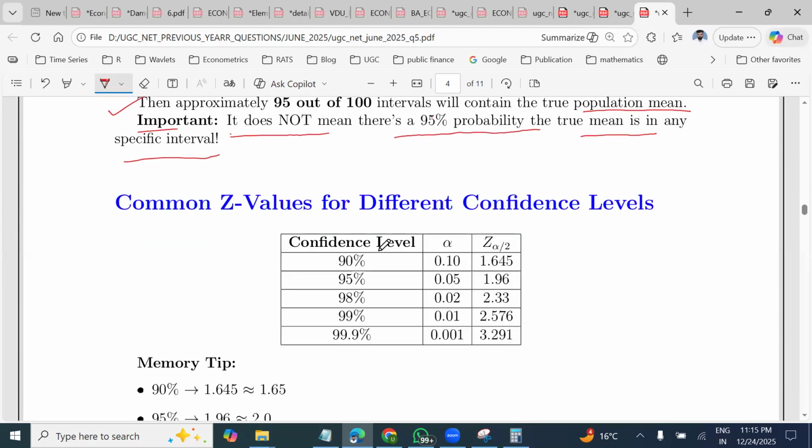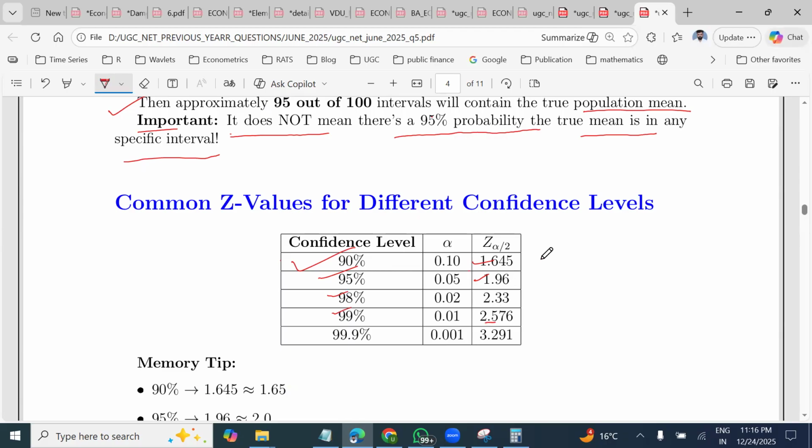Now, as you asked, what are the common Z values, right, Sangeeta? For 90% the Z value is 1.645, for 95% it is 1.96, for 98% it is 2.33, and for 99% it is 2.57.